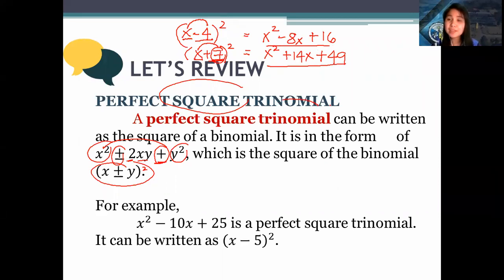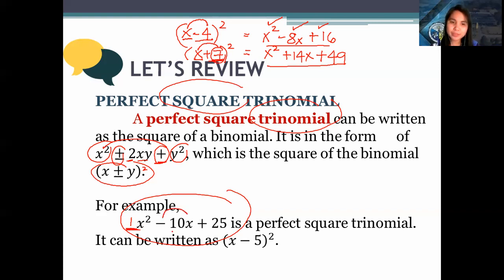Why trinomial? Because there are 3 terms: 1, 2, and 3. Remember, a term is separated by plus and minus signs. Now, how will you know in just one glance that a trinomial is a perfect square trinomial? For example, this one. As long as the first has a numerical coefficient of 1, here's how you do it.